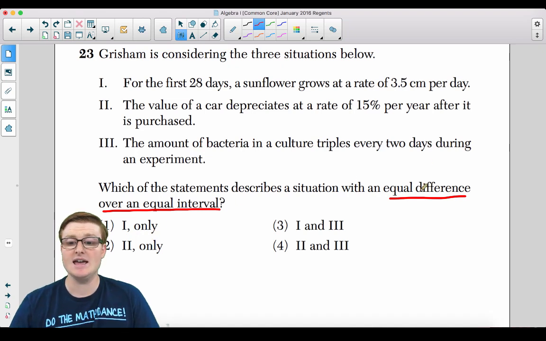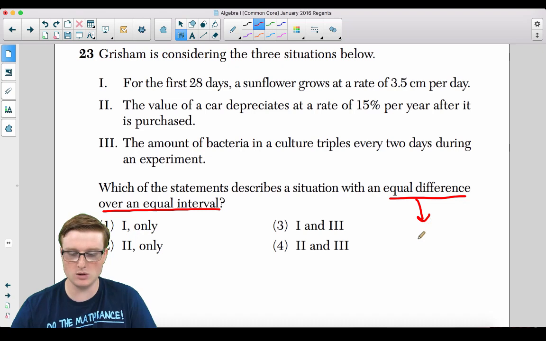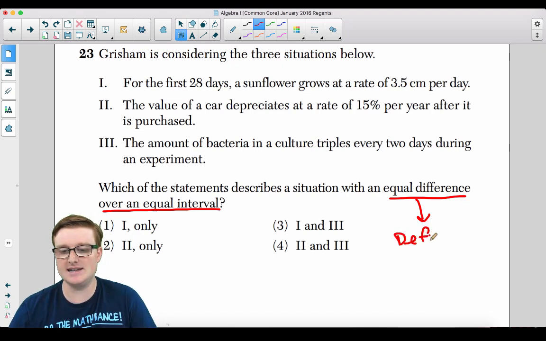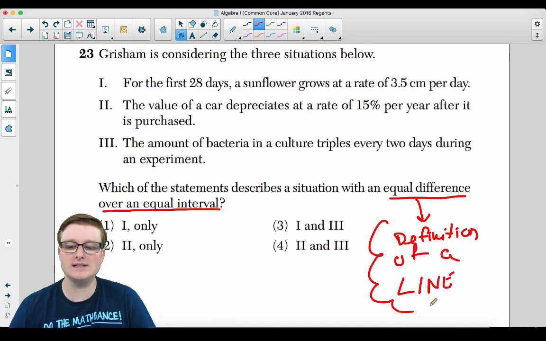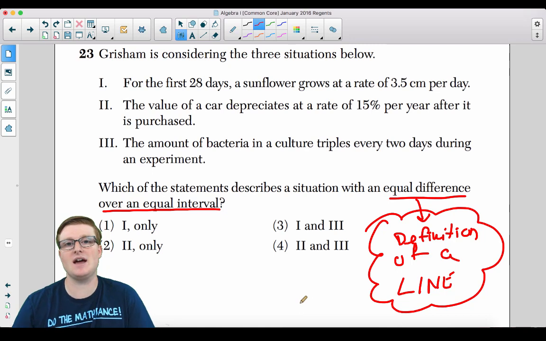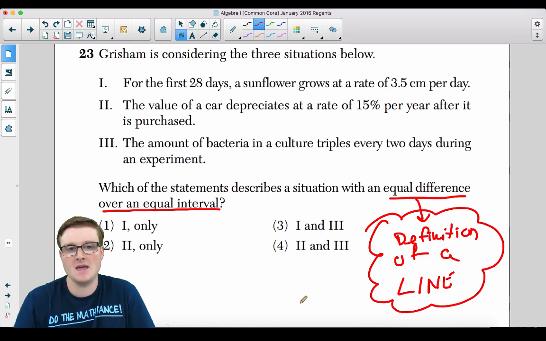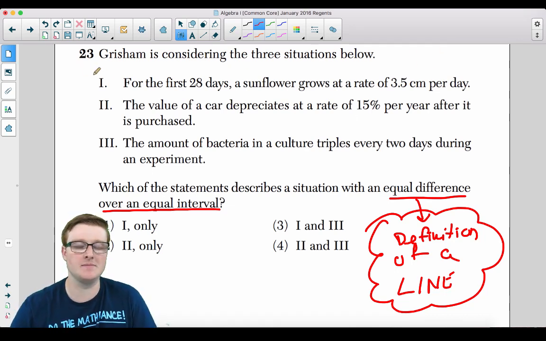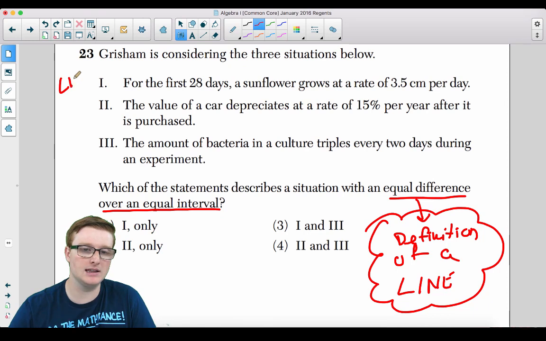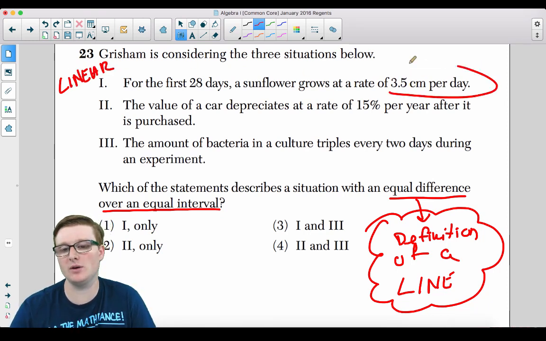This is tricky. You had to know by definition an equal difference over an equal interval is the definition of a line. Equal differences over equal intervals, meaning that you are going up by the same interval and going to the left or right by the same interval. So choice 1, the first option is showing linear, because it is saying that is growing at a rate of 3.5 centimeters per day.